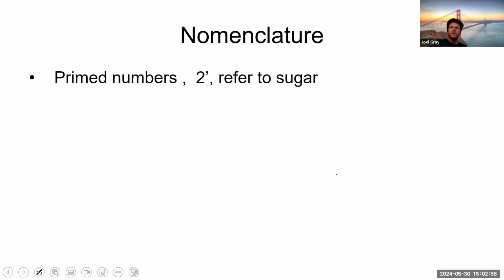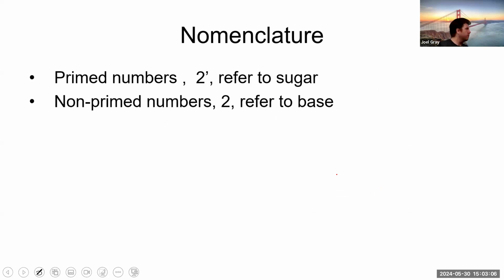Now, our nomenclature. We've talked about nucleoside versus nucleotide. Lowercase d indicates that we have a deoxynucleoside or a deoxynucleotide. So our primed numbers, 2' refers to a specific atom within the ring of my sugar. Our non-primed numbers refer to the base.